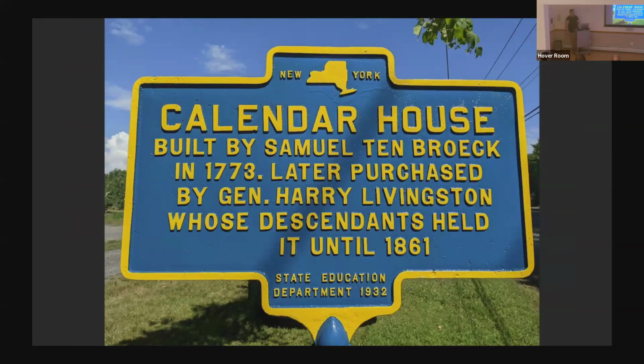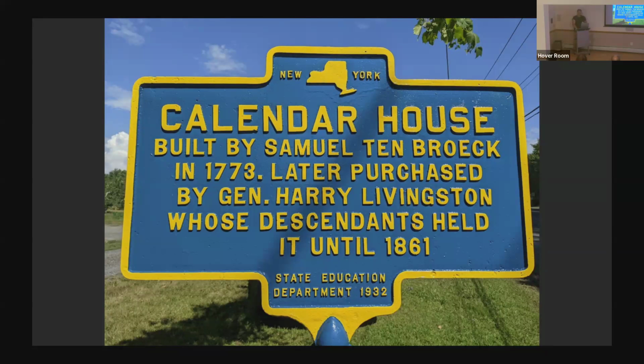Another place with some serious Revolutionary War history is a place called the Callender House. This is on County Route 19, between 19 and the Roloff Jansen Kill, built by Samuel Tenbrook, who served as a colonel in the 10th Regiment. He only lived there for maybe 2 or 3 years, and sold it to General Harry Livingston, as he's given there.